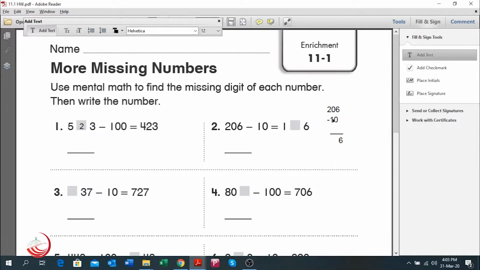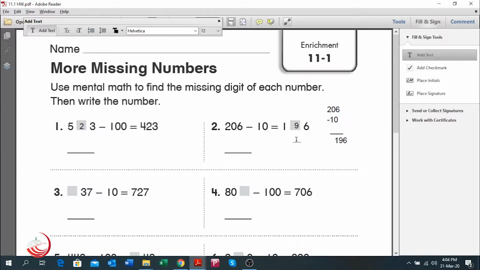Can I make 0 minus 1? I cannot do 0 minus 1. If there's a minus, the smaller number cannot be at the beginning. But can I take 20 minus 1? So 20 minus 1 equals 19. So the answer is 196.